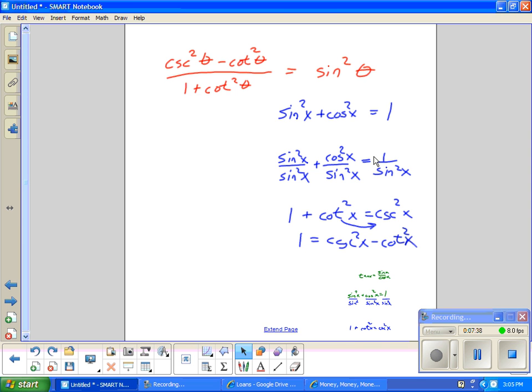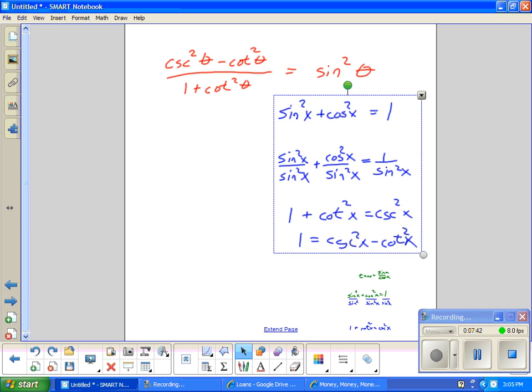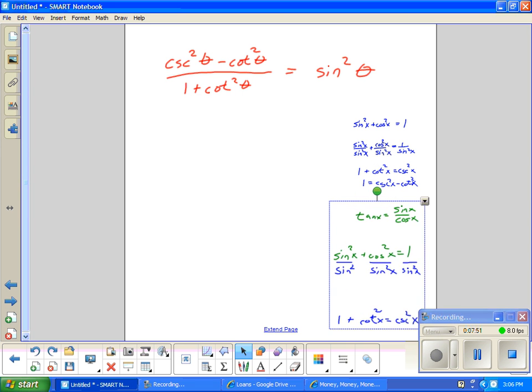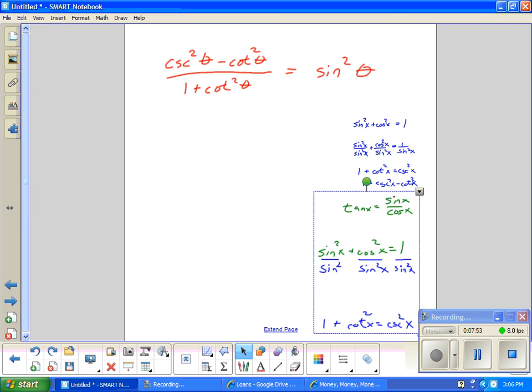I've shown that. We know that. So I would do this on the side. So you know that identity works. On the bottom, I see 1 plus cotangent. We just did that a little earlier in the video. Again, I start from my knowledge of tangent and sine plus cosine. If I do the identity again, like I did a few minutes ago, you get 1 plus cotangent squared x equals cosecant squared x.